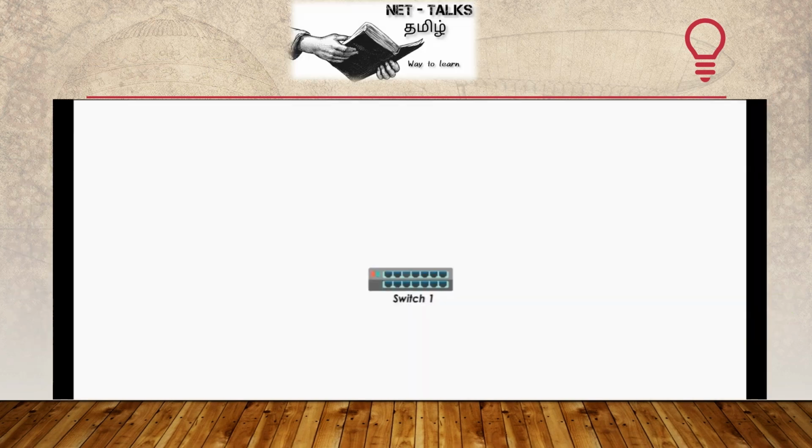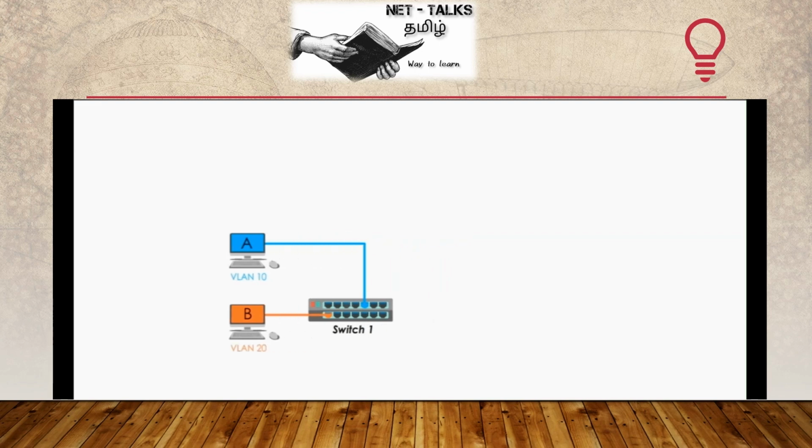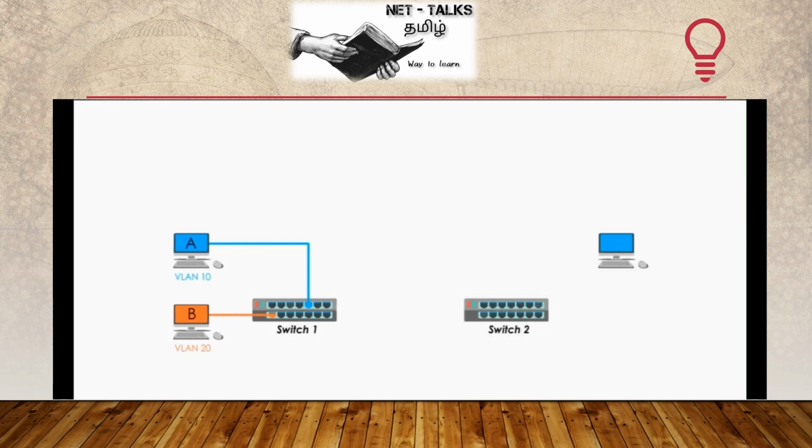Let's take a look at one simple example. On switch 1, we assign computer A to VLAN 10 and computer B to VLAN 20. On switch 2, computer C is assigned to VLAN 10 and computer D to VLAN 20.